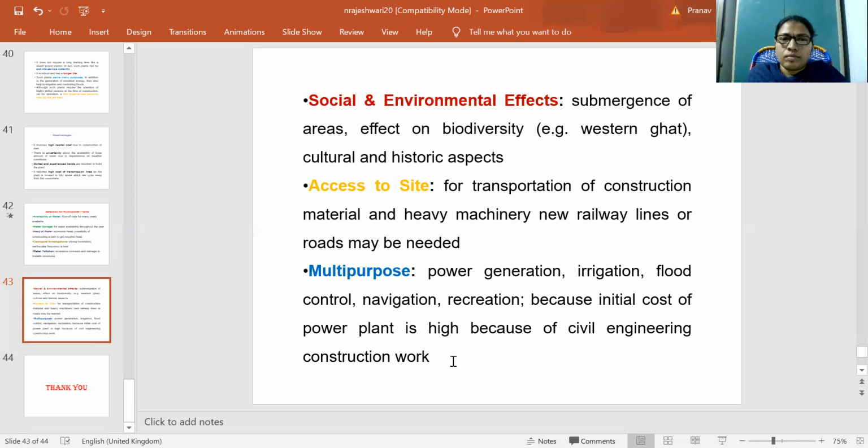So it is very necessary to have access to the site for the transportation of construction material and also heavy machinery.